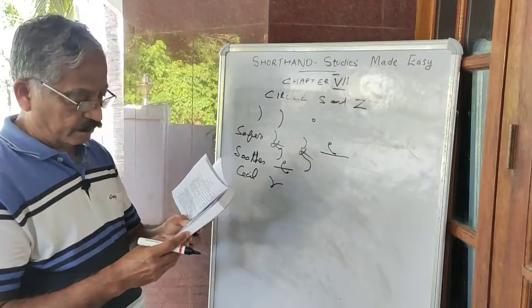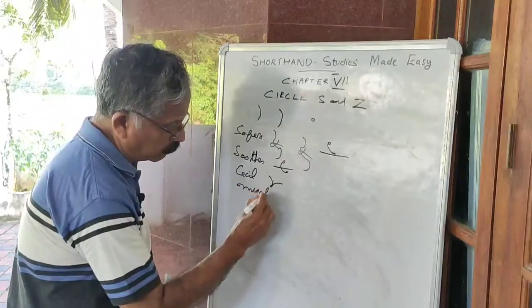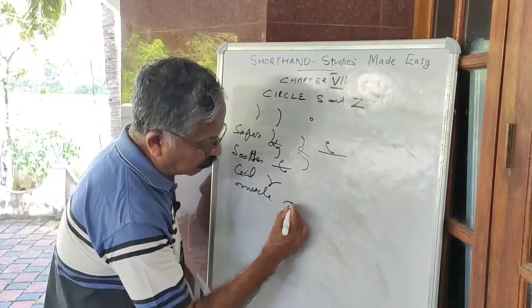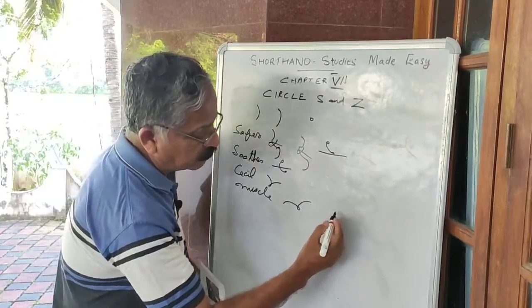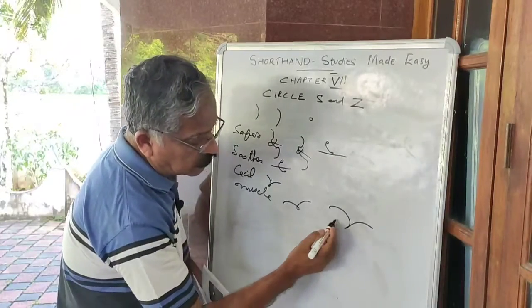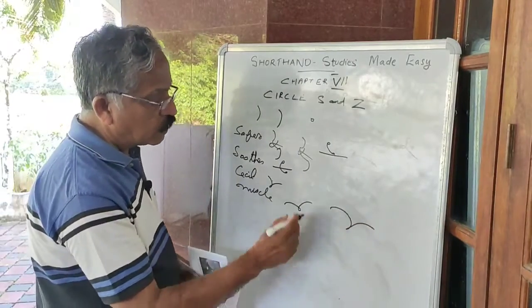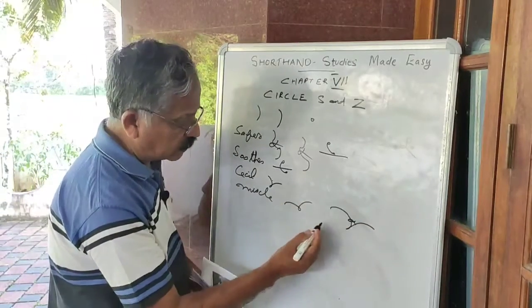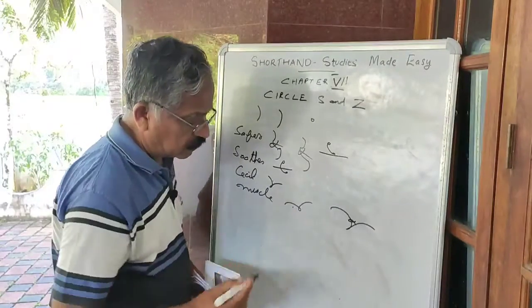Cecil. Now muzzle. Otherwise we have to write muzzle like this: Ma, S sound, and then L. So instead of writing these three stalks, the S sound is represented by a small circle. So this is muzzle.